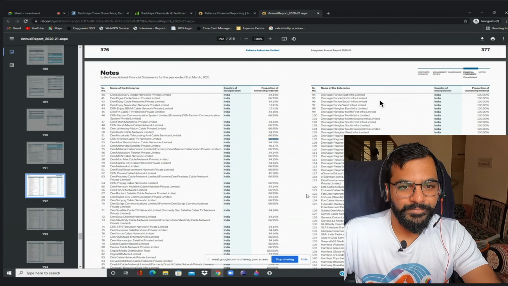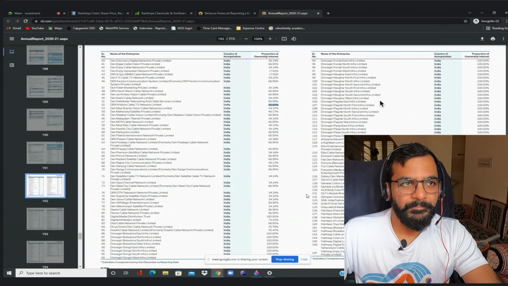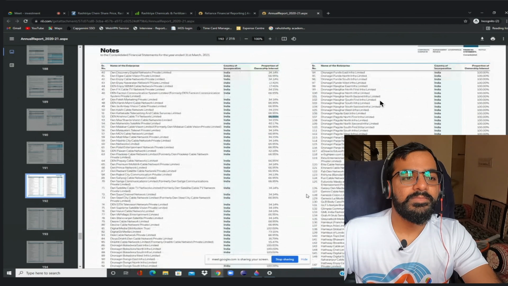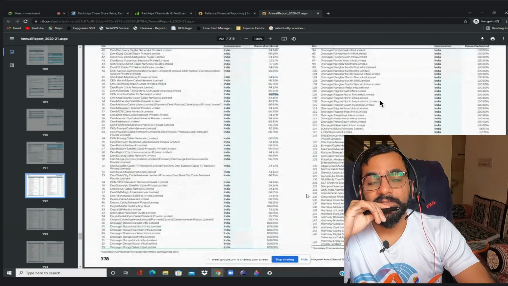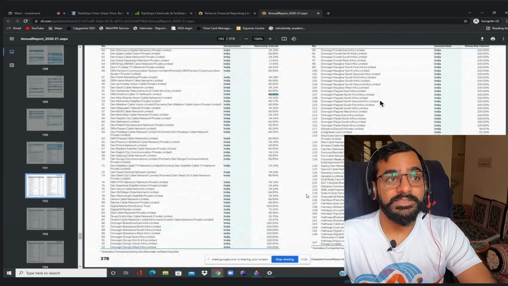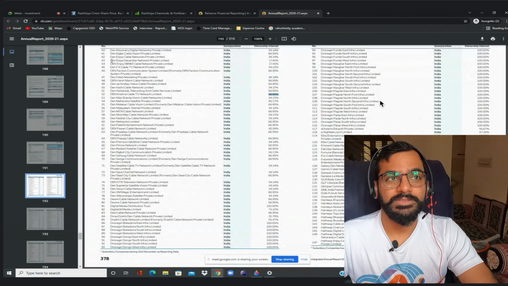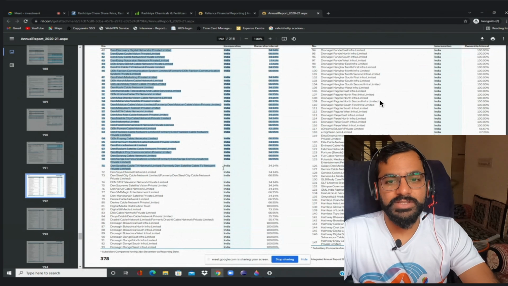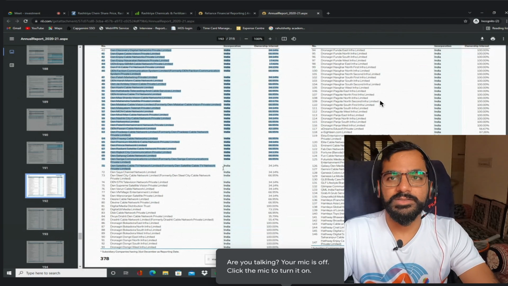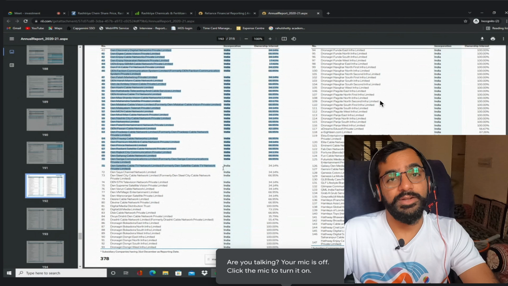Clear? You'll not consider this an appreciating asset. It's just an asset with a certain value, which varies on the share value of that company at that period of time. That's it.